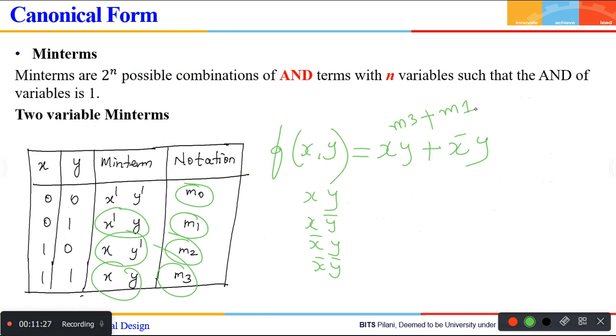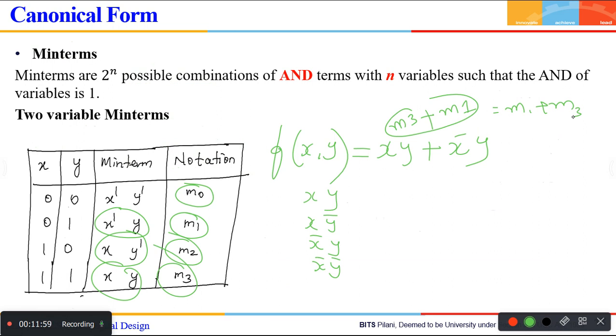Normally you put it in ascending order, so it is written as m1 plus m3, that's all. Have you understood this? It is used to represent your sum of products. If your Boolean equation is represented in sum of products, that means it is a sum of min terms, that's all.